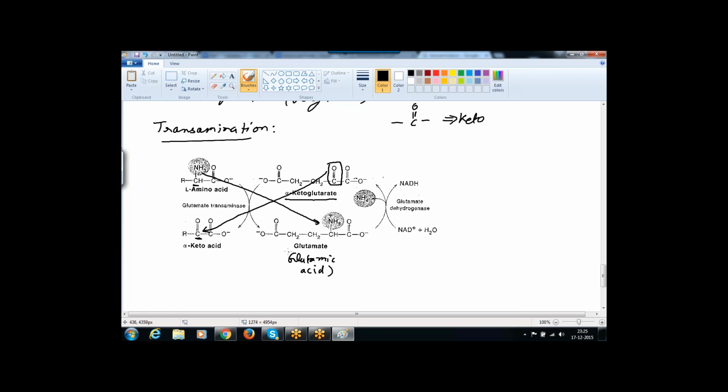This is one of the acidic amino acids, glutamic acid or glutamate. This is what is called transamination. Next, I'm going to remove this part for now because this part happens in the liver, so I'll talk about it later.